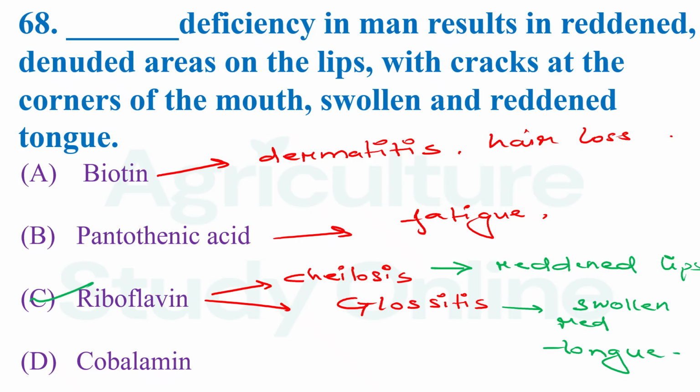So this is our correct option over here. And option C, cobalamin, that is vitamin B12, and this is vitamin B2. It causes megaloblastic anemias and neurological issues. So over here, our correct option is option number C.